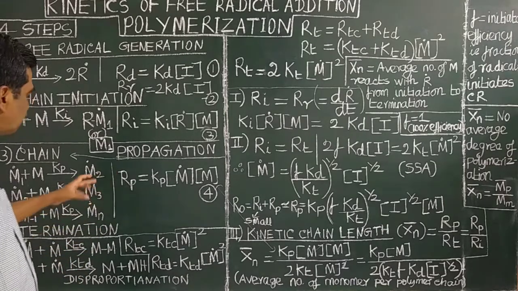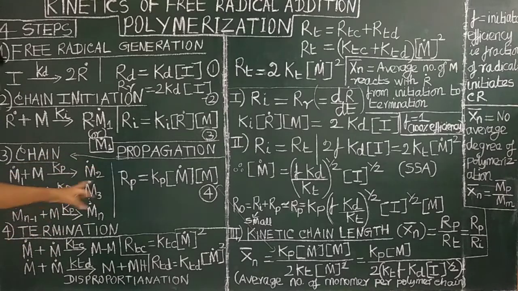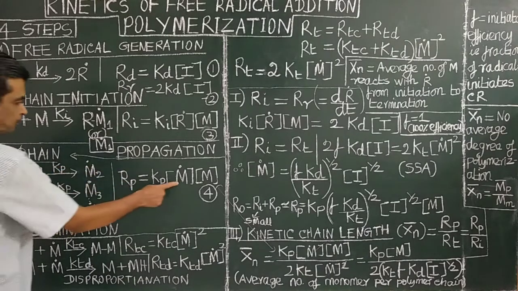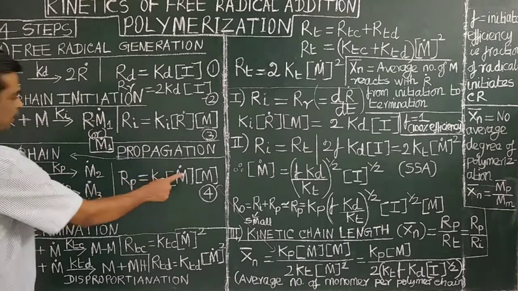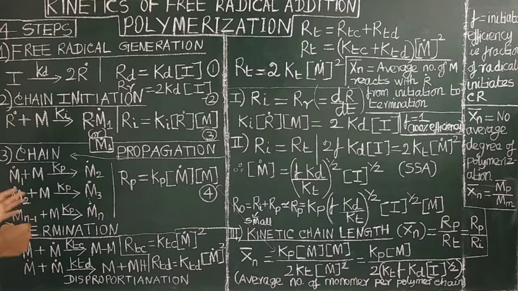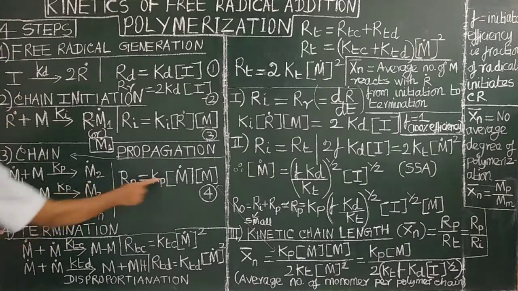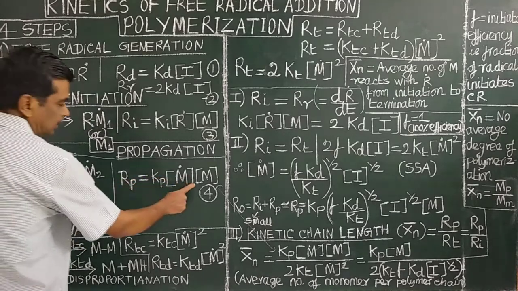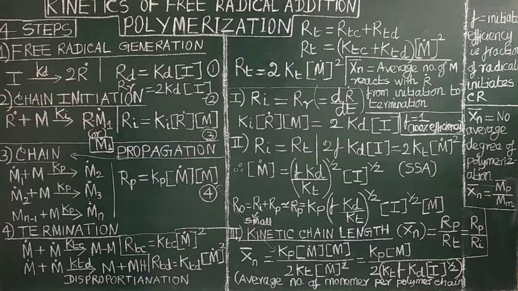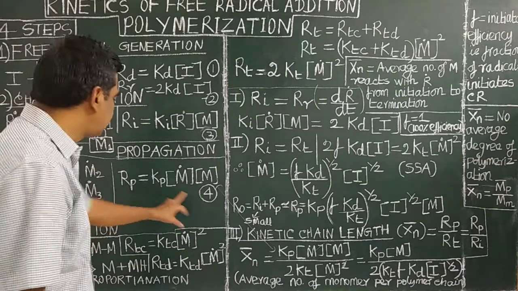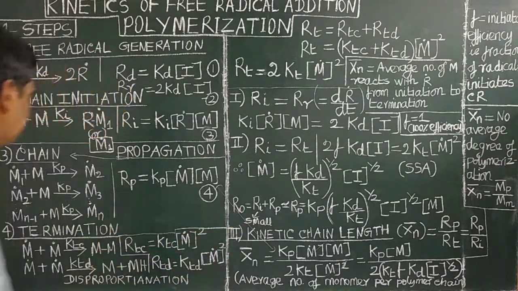Therefore, the rate of propagation is equal to Kp into concentration of M dot into concentration of monomer, where M dot generally represents M1 dot, M2 dot and so on.